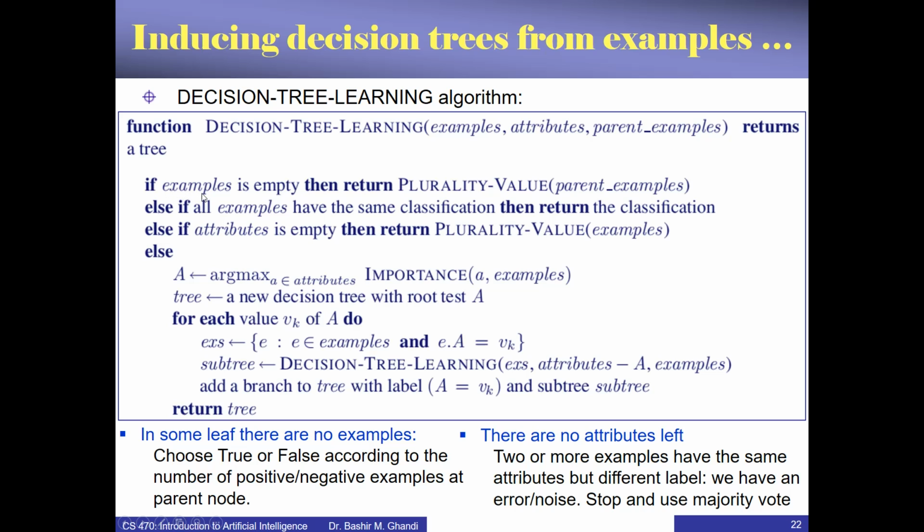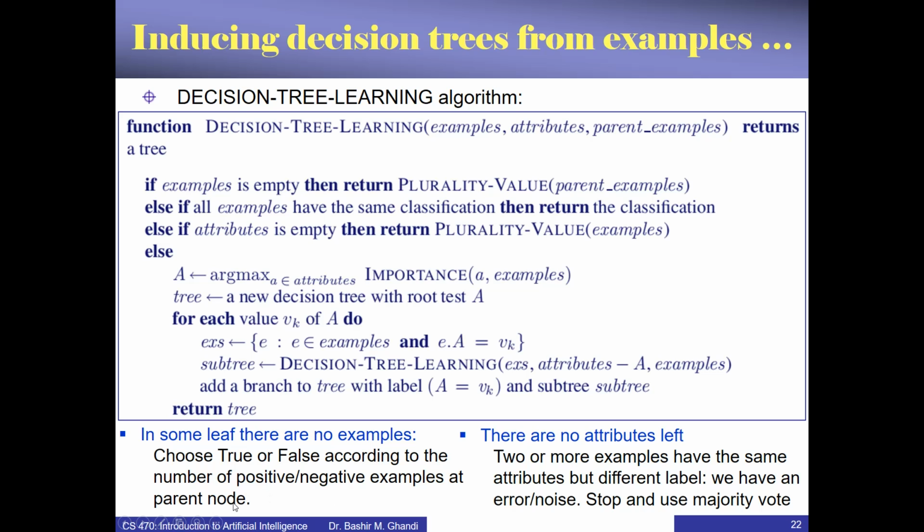The first one here says if examples is empty, then return the plurality value of the parent examples. Basically, if in some leaf, you try to go to a branch and then you find that you have no more examples to deal with, it says choose true or false according to the number of positive or negative examples at the parent node.